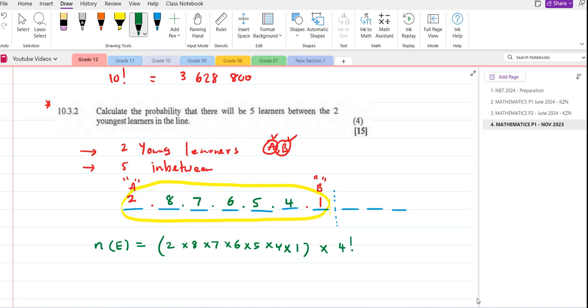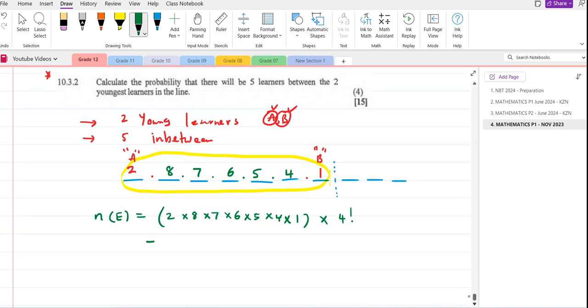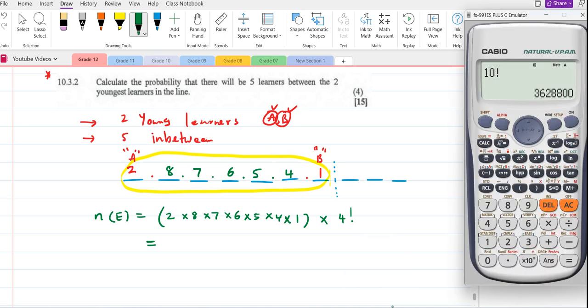So let's see what answer I got here now. 2 times 8 times 7 times 6 times 5 times 4 times 1 and times 4 factorial. I've got an answer of 322,560.